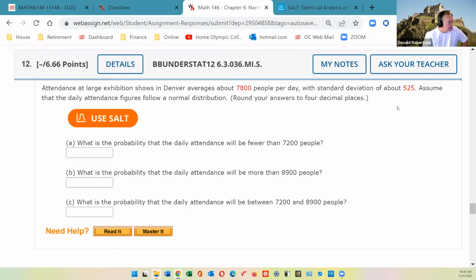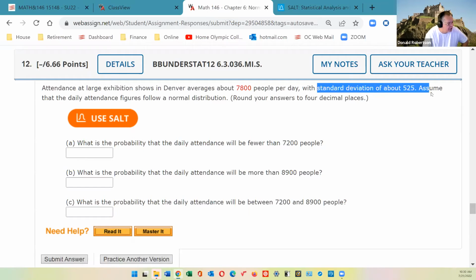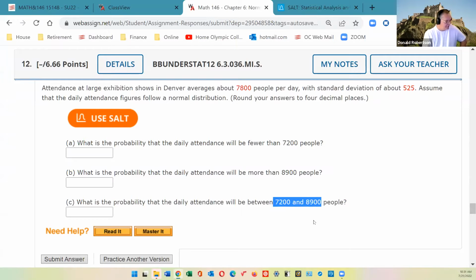And the variation measured by the standard deviation is about 500. And there's the clay, everything's normal. So what's the probability that you get fewer than this number? What's the probability you get between this number? And lastly, what's this number here?